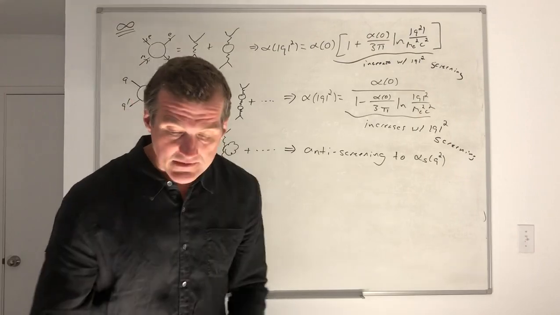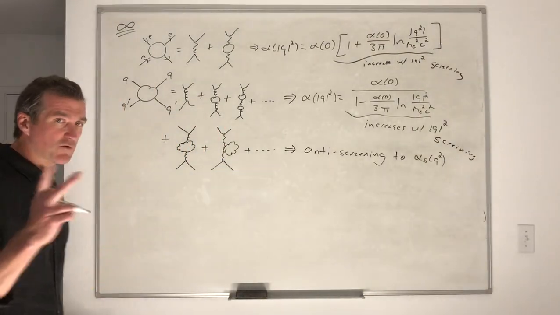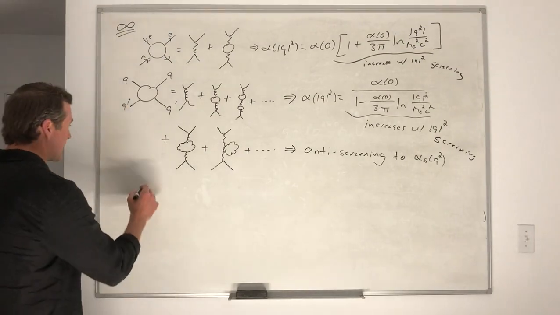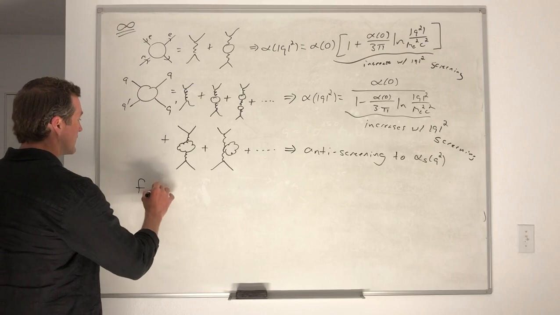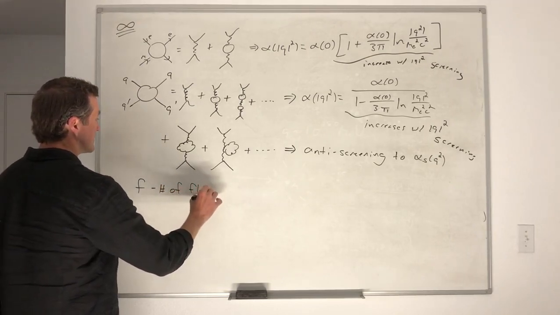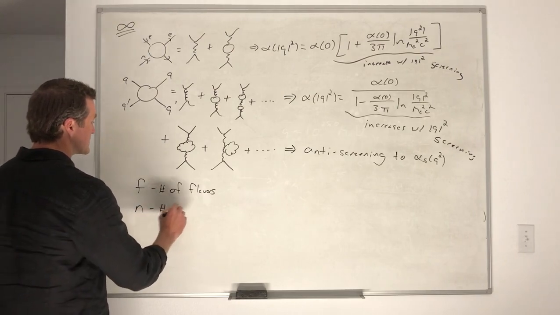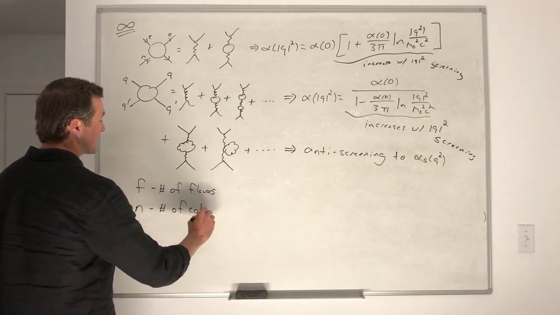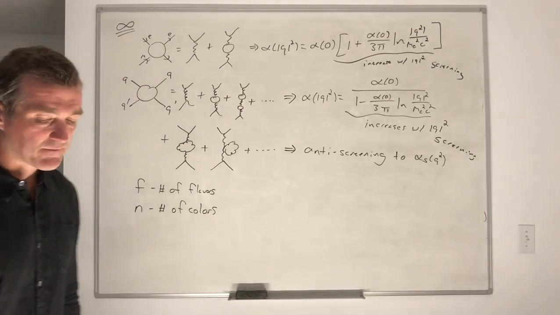Well, it depends. It depends on 2 numbers. It depends on the number F, which is the number of flavors, and it depends on the number N, which is the number of colors. Now, I'm being very generic right now. We can pin down these numbers in just a minute.